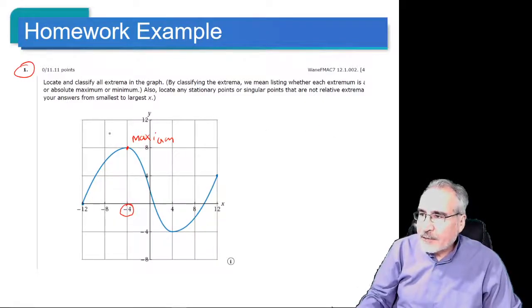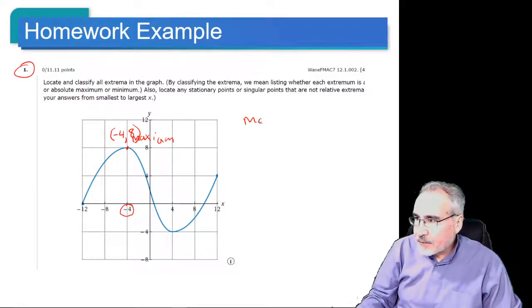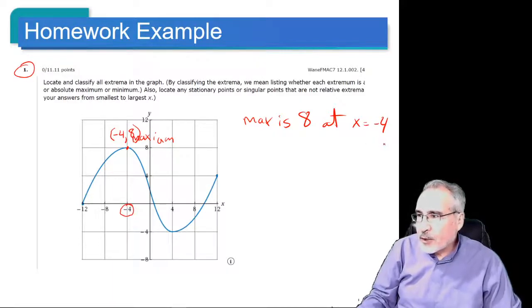Okay, and we identify it that at its x value, we've got a maximum of 8. So notice every maximum or minimum point has both an x value and a y value. So we say the maximum is 8 at x equals -4. So the -4 locates it.